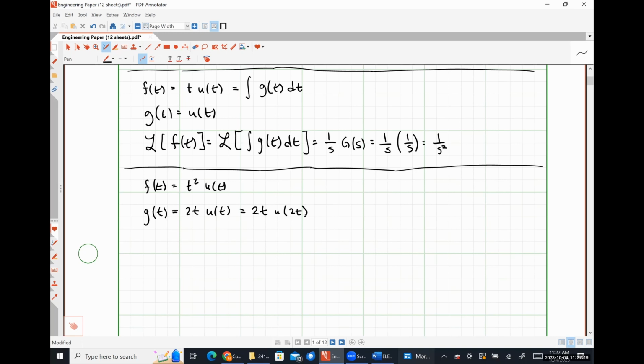I'm going to call this function g of 2t. Okay. Such that my original function could be expressed as the integral of g of 2t dt.